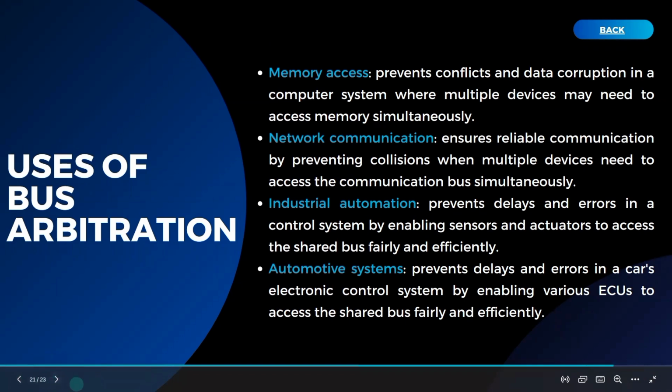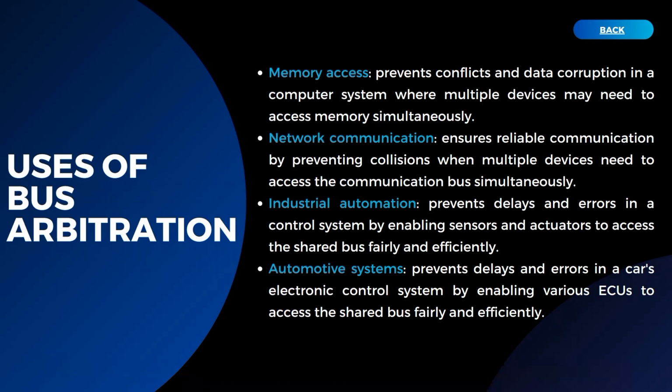Industrial automation. In industrial automation, multiple sensors and actuators may be connected to a shared bus to exchange data with a control system. A bus arbitration mechanism ensures that the sensors and actuators can access the bus fairly and efficiently, preventing delays and errors in the control system.